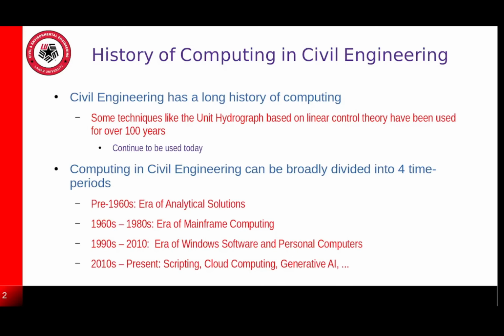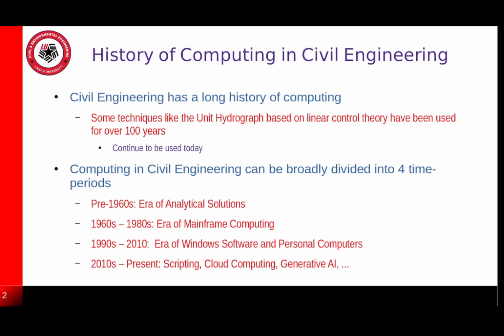When we want to study computing in civil engineering in a more formal fashion, it helps us if we can divide our time period into different eras. So I'm calling the pre-1960s the era of analytical solutions.